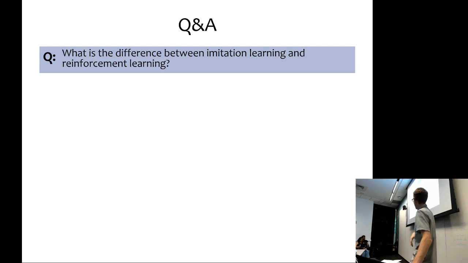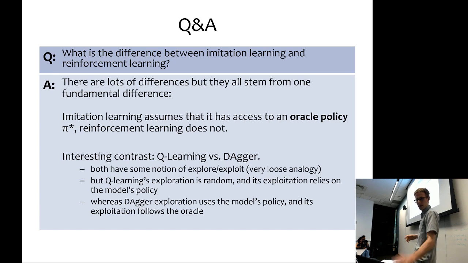I still don't get it. Okay, so again, according to the survey, only like half of you have actually seen reinforcement learning. That's fine. I just still want to make this point. So there are lots of differences, but they all stem from one fundamental difference. Imitation learning assumes that it has access to an oracle policy, pi star. Reinforcement learning does not.